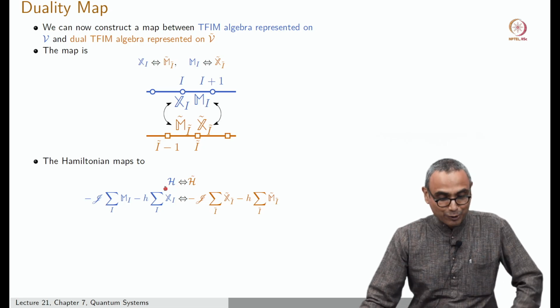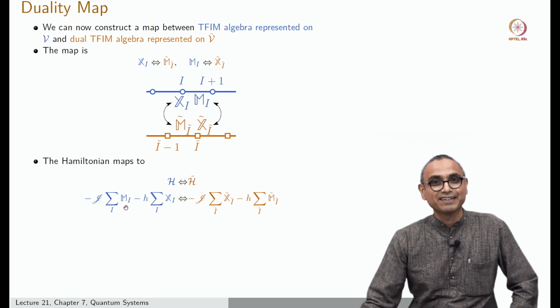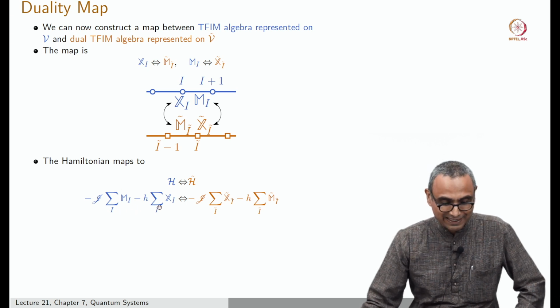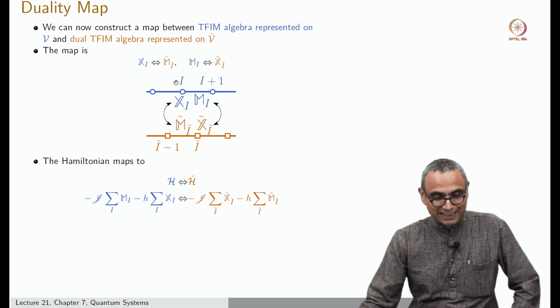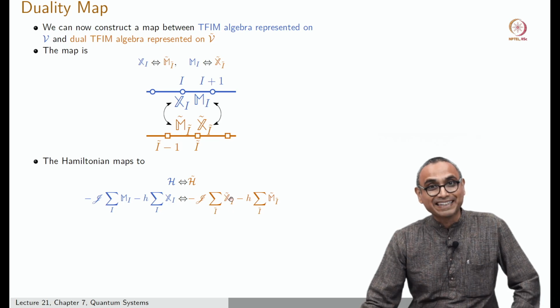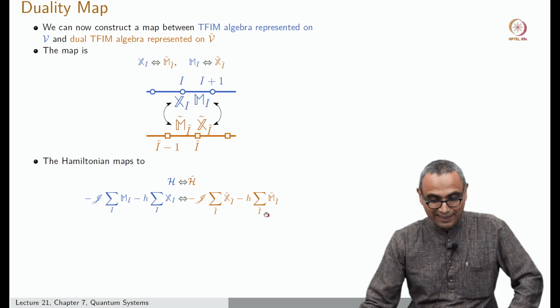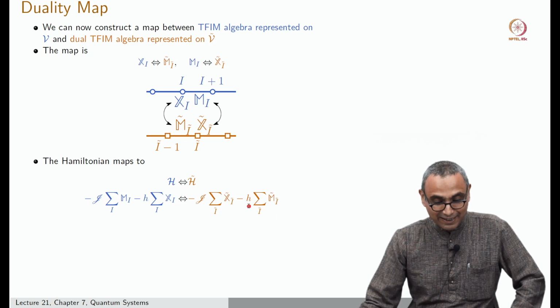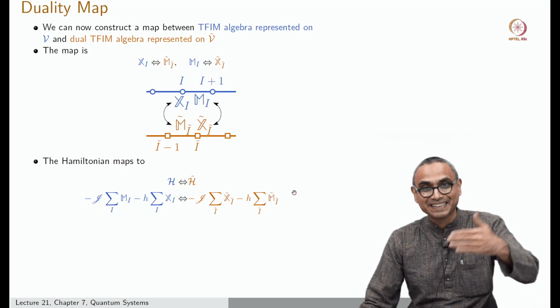The Hamiltonian that I had, H, which is equal to the exchange J times the link operators minus h times the X operators, now maps by this map to J times X tilde I tilde, which is now a transverse field, and h times the dual link.